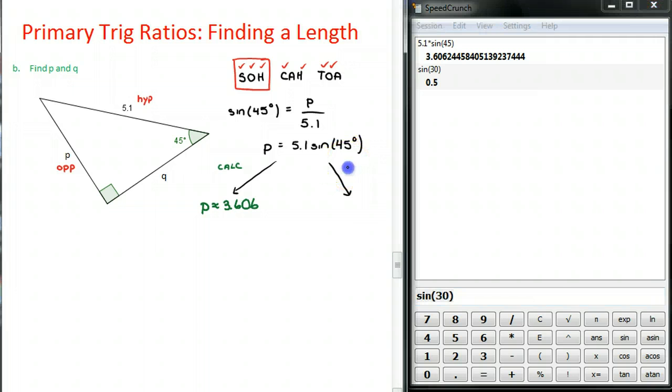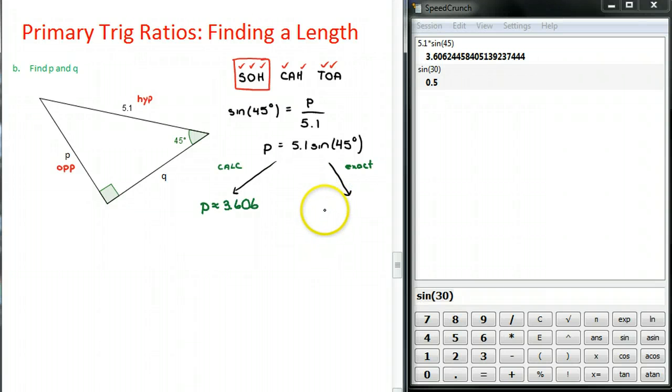Now, some people might have learned that sine of 45, there's an exact value for that. And the exact value for a sine of 45 is 1 over root 2.